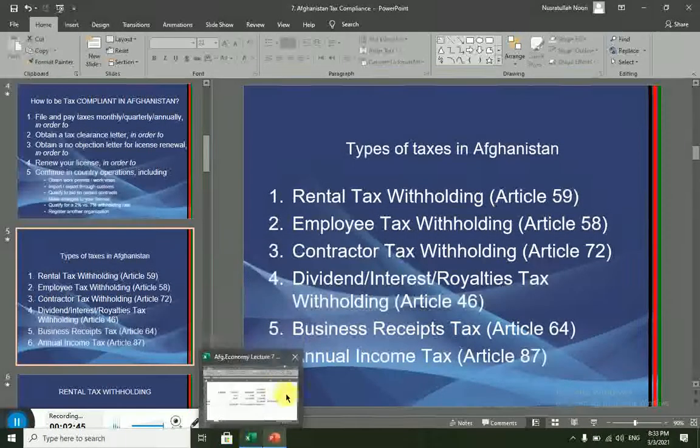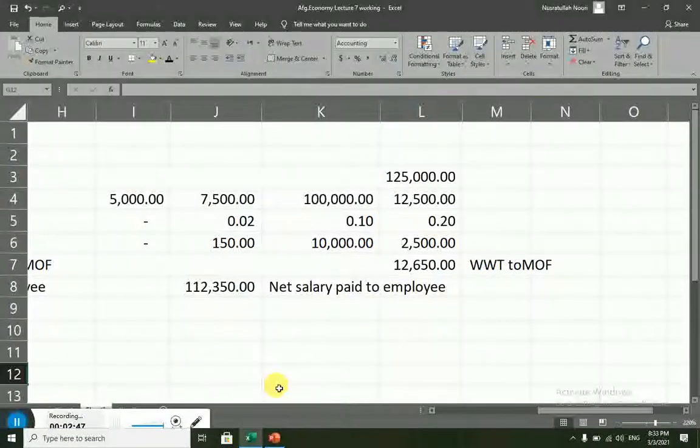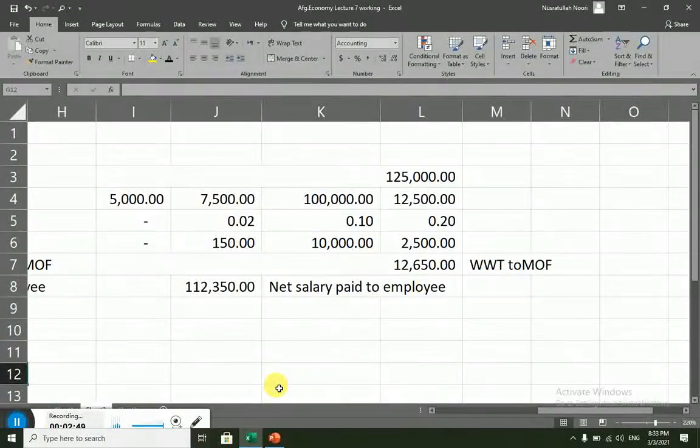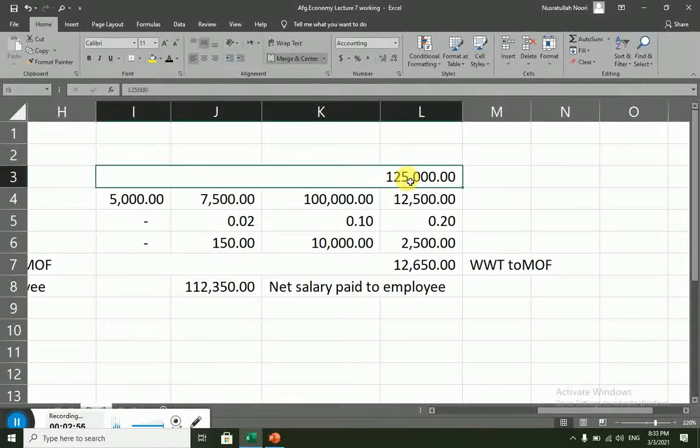We have to do a correction in our previous calculation of the wage withholding tax. If you remember, last time we discussed how to calculate the wage withholding tax of an employee whose salary is 125,000 Afghanis. As you see, this salary passes through 4 thresholds.